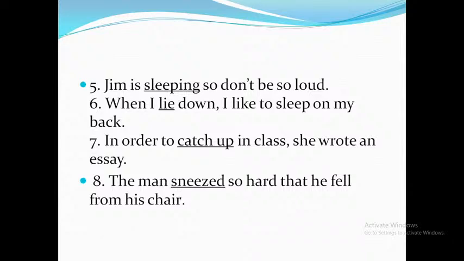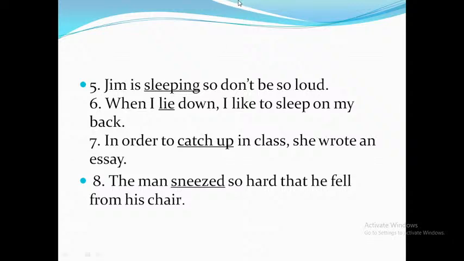Okay, write 5, 6, 7, 8 quickly. Do first. Fifth intransitive, sixth intransitive, seventh transitive, eighth intransitive.